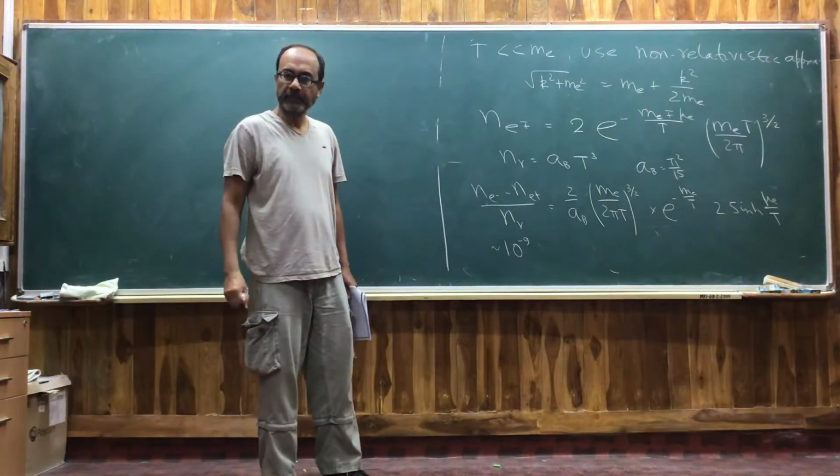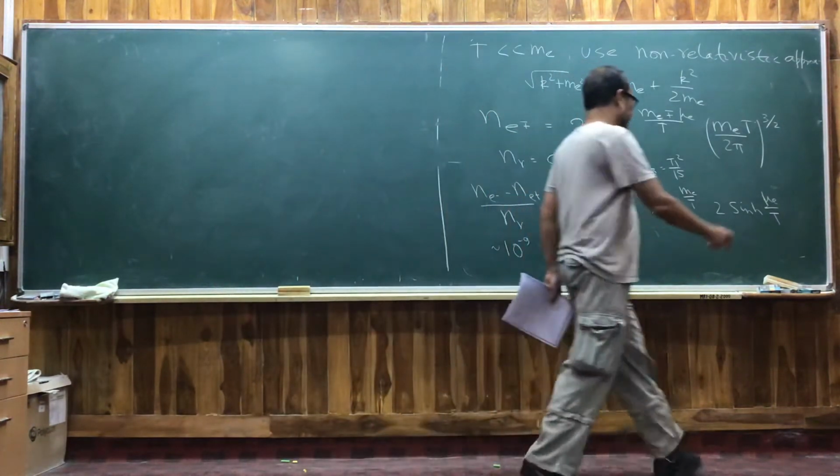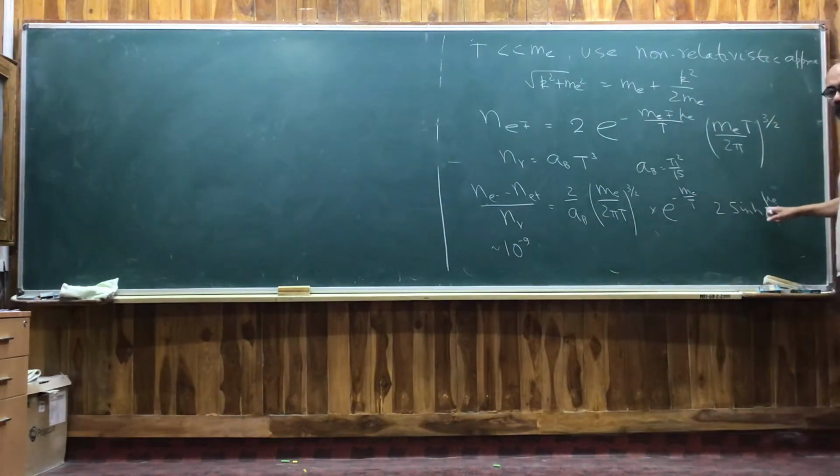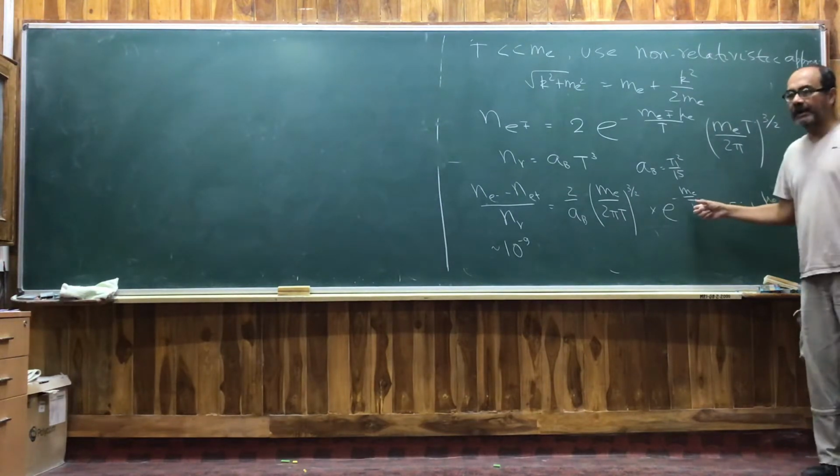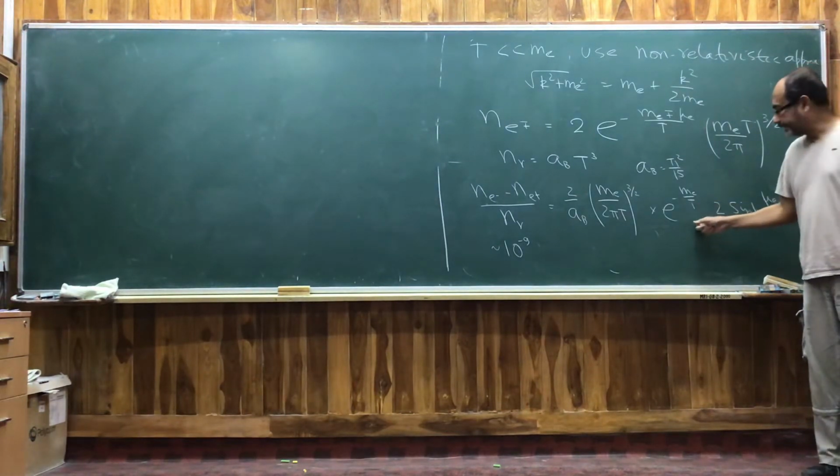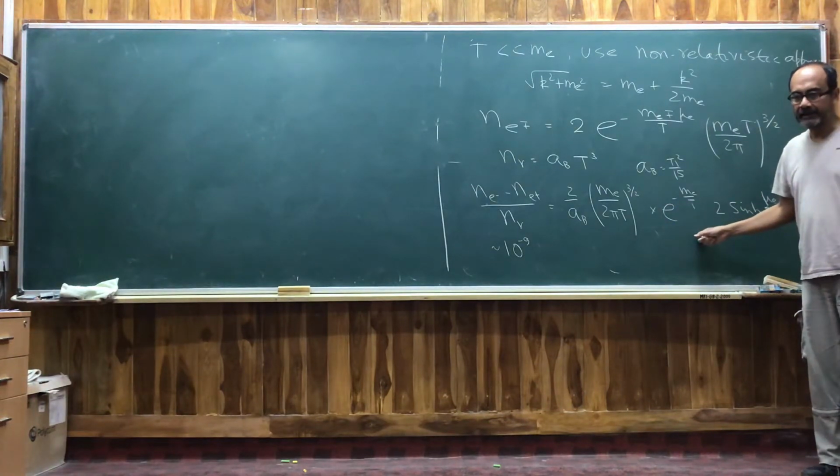So what we will expect is that mu over t must be small, because that's what we are adjusting to satisfy this equation, right? Because sinh of mu over t goes as mu over t for small mu over t. So 10 to the minus 9 there means mu over t must be 10 to the minus 9. The problem, however, is that when t becomes much smaller than m_e, this number starts decreasing rapidly.